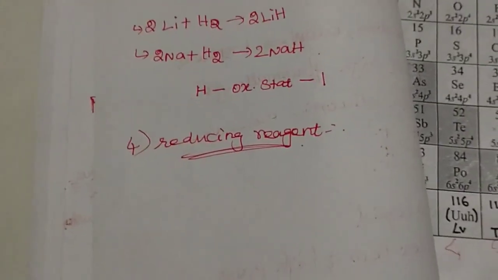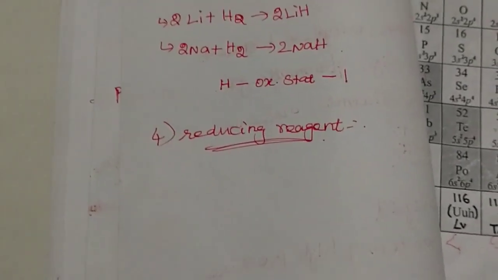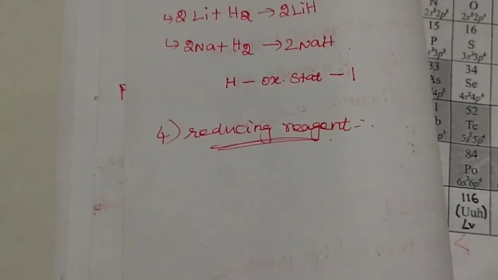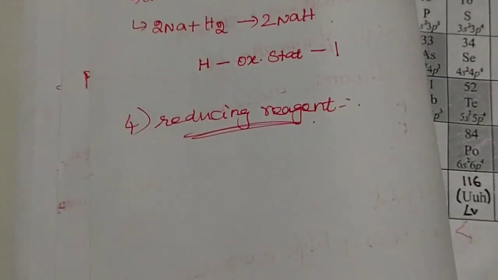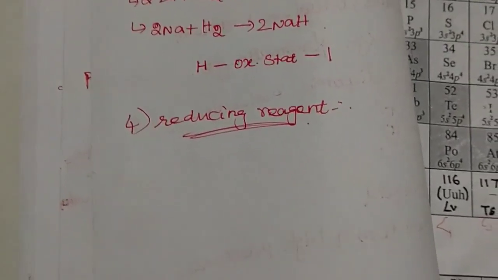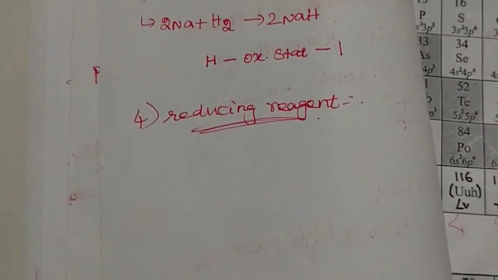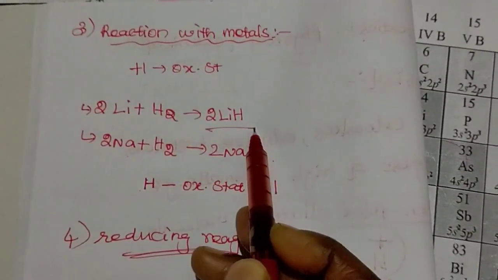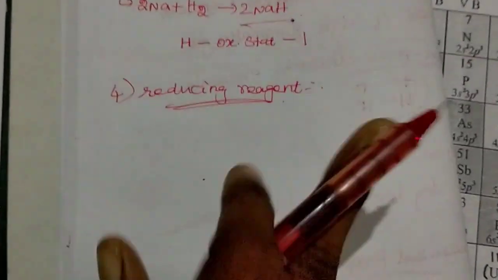Using lithium hydride, we can produce lithium aluminium hydride, and also another hydride, sodium borohydride. Again, we take the resultant lithium hydride and sodium hydride to produce the other hydrides.